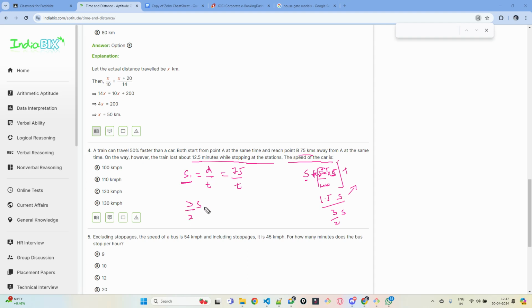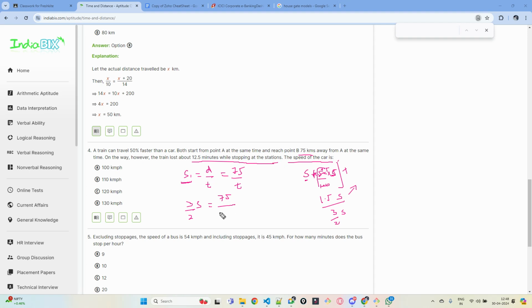If this is the speed, it will be distance by time taken. The train lost 12.5 minutes while stopping at the stations.